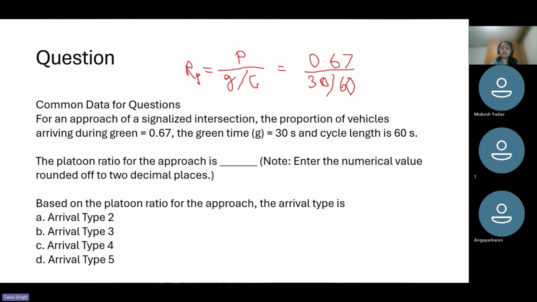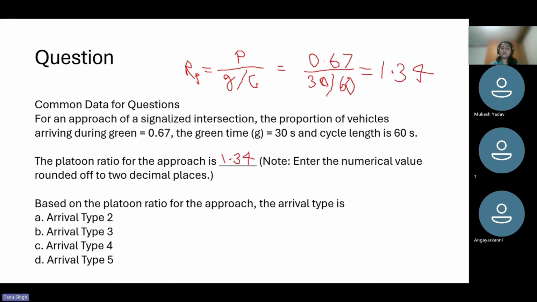So the platoon ratio comes out to be 1.34.